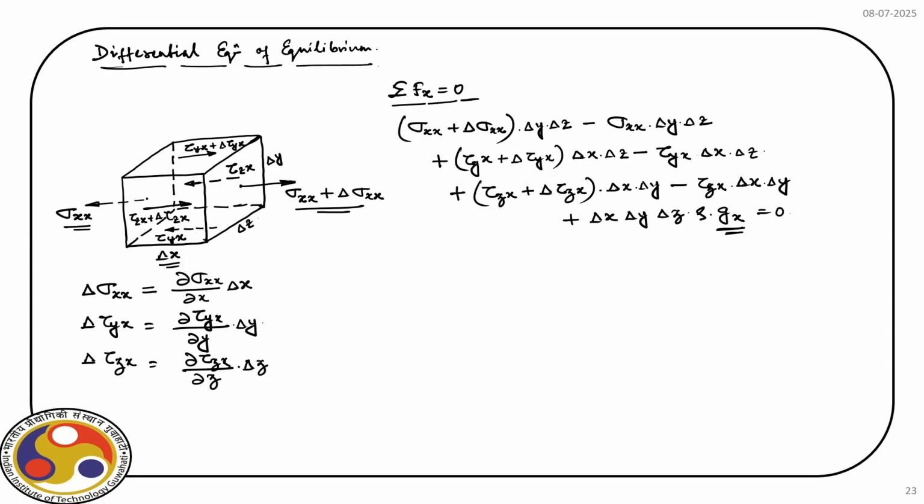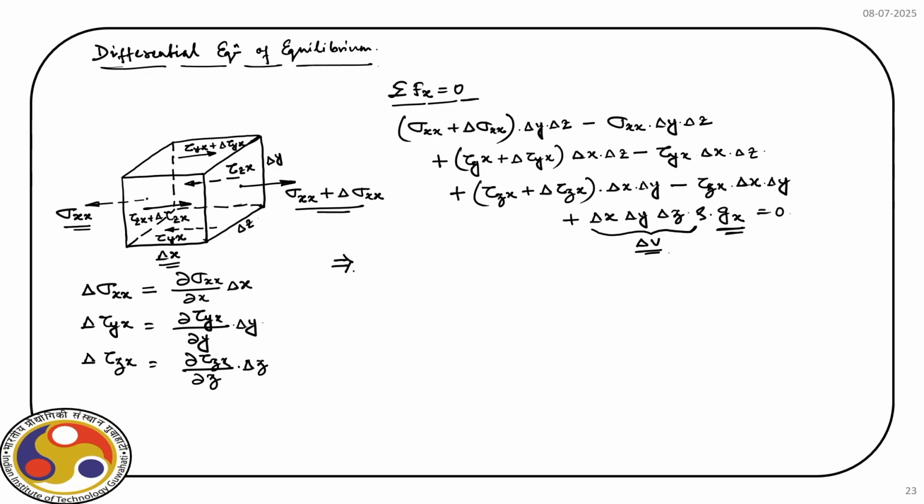And one more issue, normally this body force is very small because this differential volume delta v is very small. So, we can actually neglect this component if we consider very small volume. Otherwise, if it is a finite volume, we can also add this.